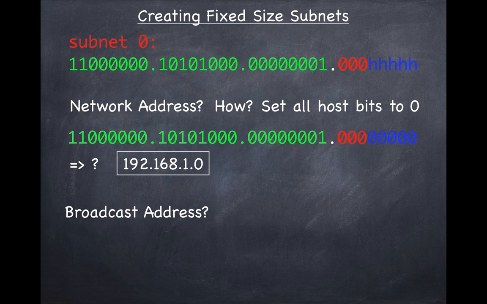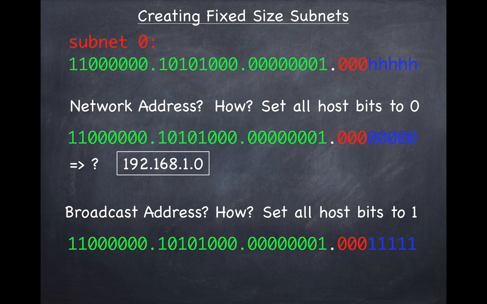Now then, the other thing we need to know is the broadcast address. How do we get that? We get that by setting all the host bits to 1, which would give us this set of binary values. We're still doing subnet 0, so we have the 000 in red, and then we have the 5 host bits in blue, which are 111.